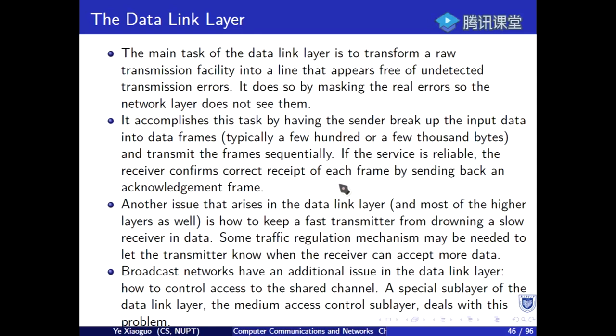Here, another issue that arises in the data link layer, and in most of the higher layers as well, is how to keep a fast transmitter from drowning a slow receiver in data. It is also important for the data link layer.